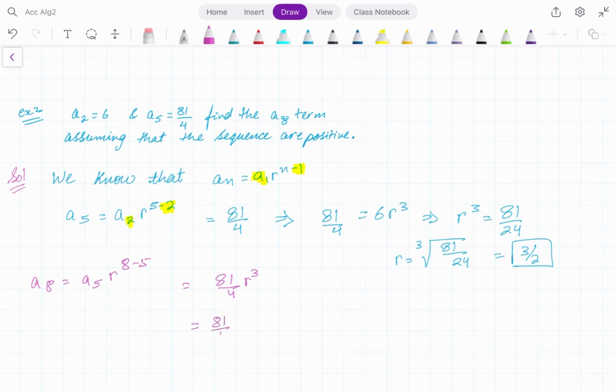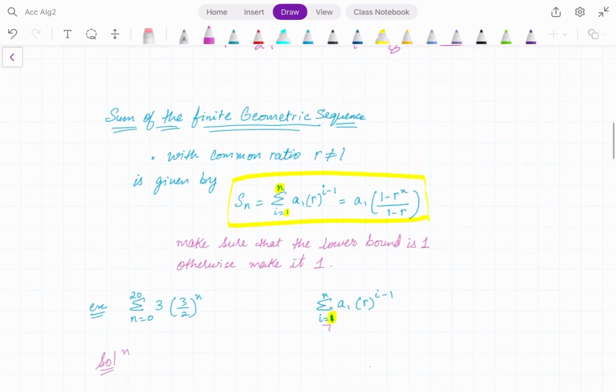I can plug it back in the equation to get my eighth term. So every question will be a little bit different, but the pattern will remain the same, the explicit approach or the recursive approach. So your number will be 2187.